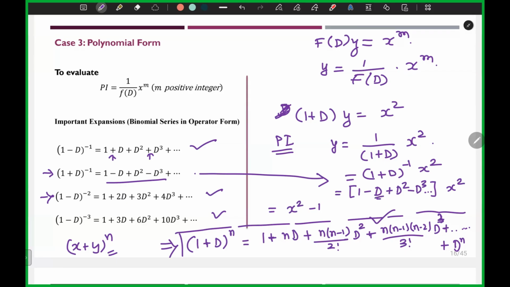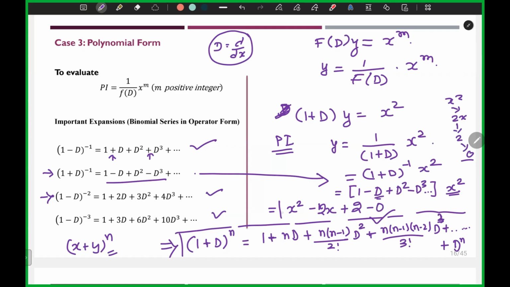What was D? Our D is the one-time derivative, so it is 2x. What is D square? It is the two-time derivative, so it is nothing but 2. And when we talk about the three-time derivative of x square, it is x square, then 2x, then 2, then the next time it becomes 0. So the next part is 0.